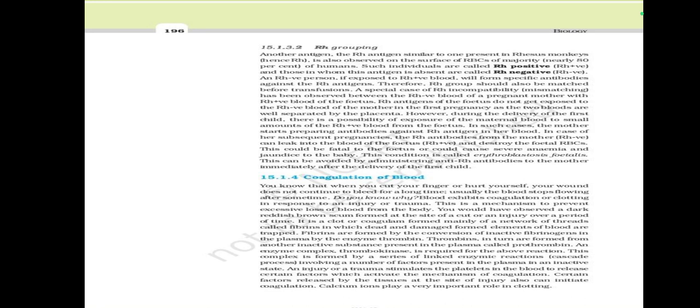before transfusions. A special case of Rh incompatibility has been observed between the Rh negative blood of a pregnant mother with the Rh positive blood of the fetus. Rh antigens of the fetus do not get exposed to the Rh negative blood of the mother in the first pregnancy, as the two bloods are well separated by the placenta.